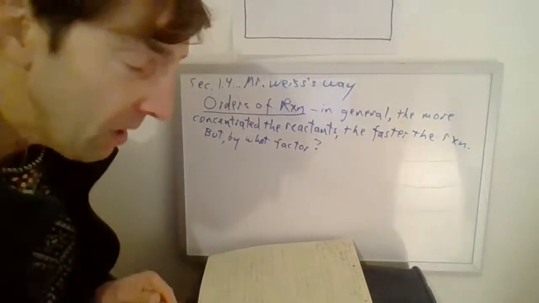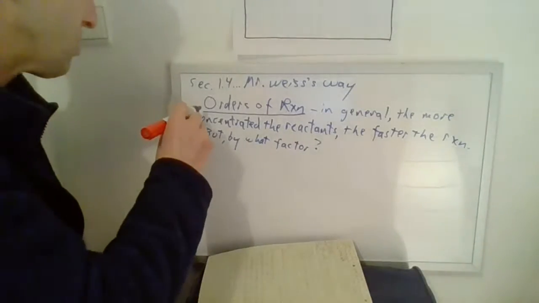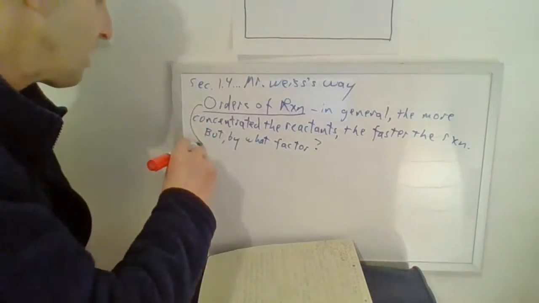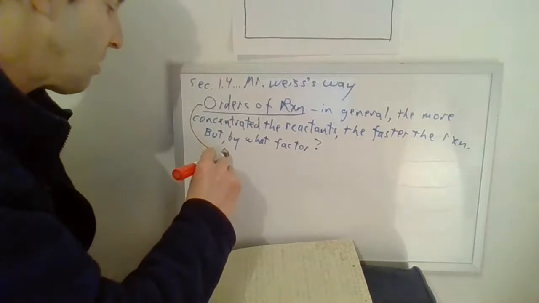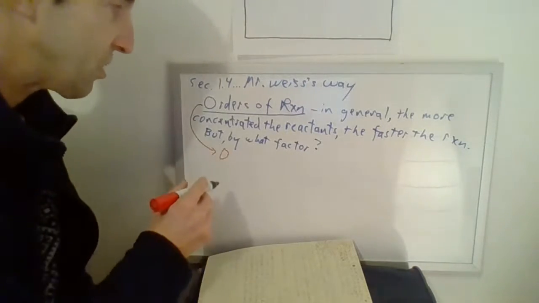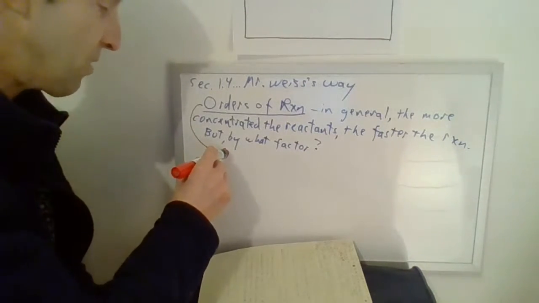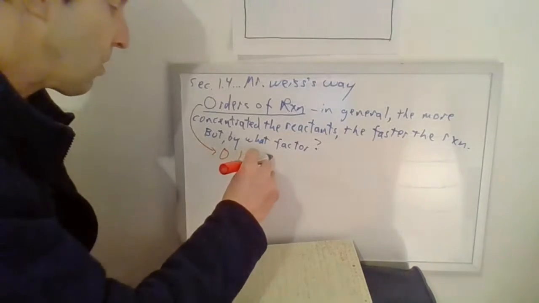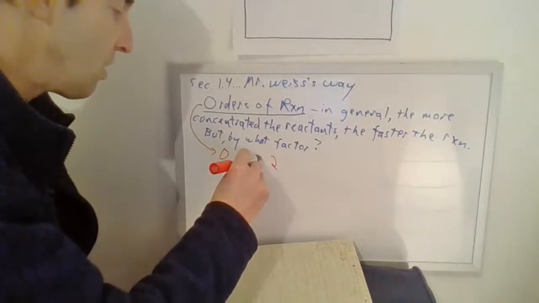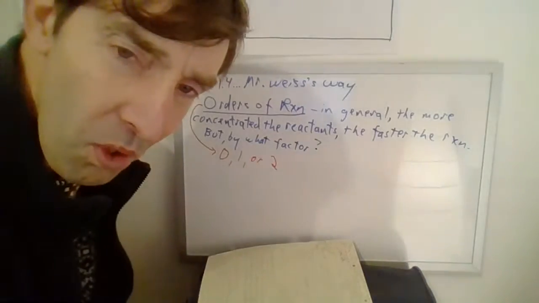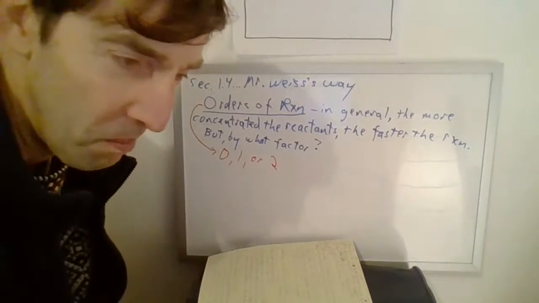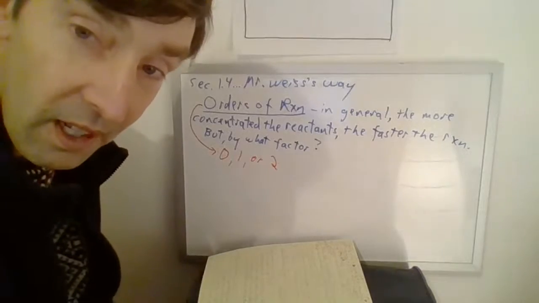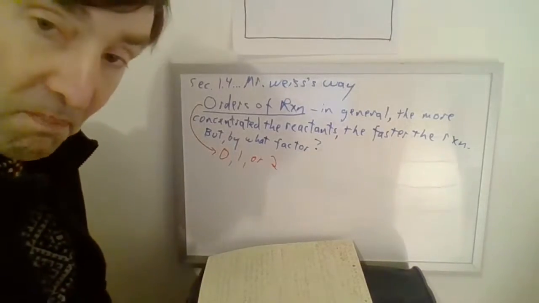And the order, the factor, is pretty simple. It's the number 0, 1, or 2. 0 means the reaction doesn't get affected by the concentration of the chemicals at all. Now, Cheryl may throw you a third order reaction or something, but it's really rare, and you won't get it on the AP test, nor will you get it from me.